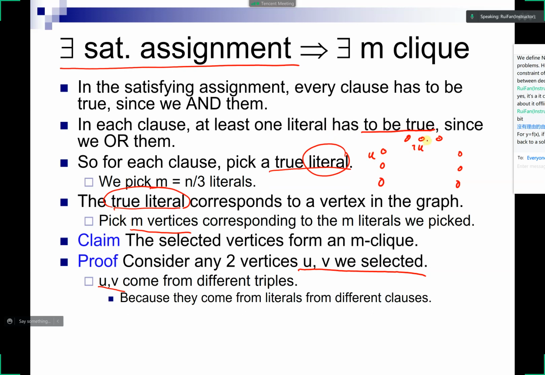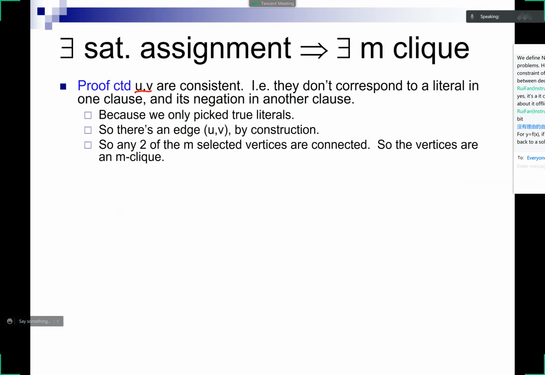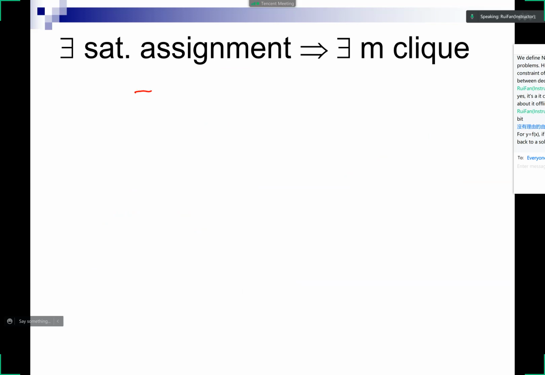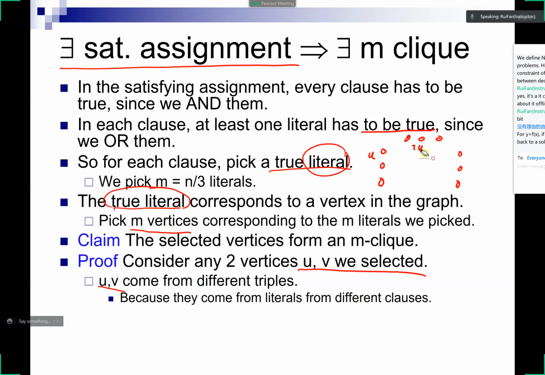But all of the literals that you picked are true literals, so they cannot be negations of each other, because if they were, they could not both be true. So these literals that you pick come from different triples, and they're not negations of each other.